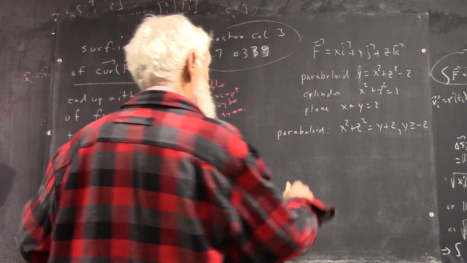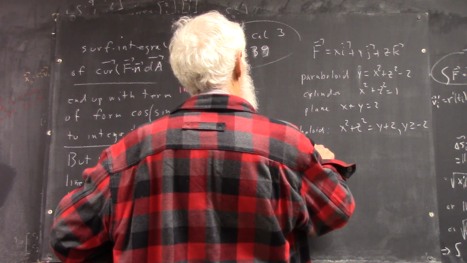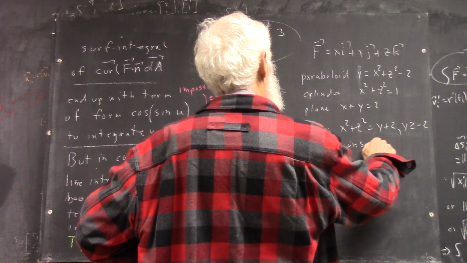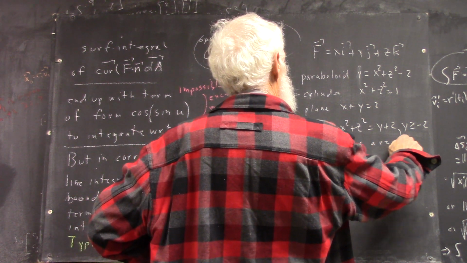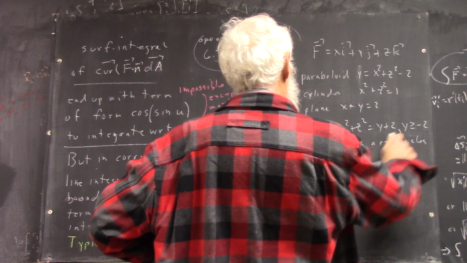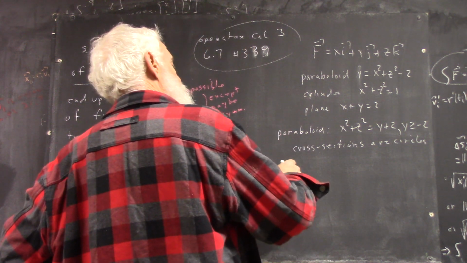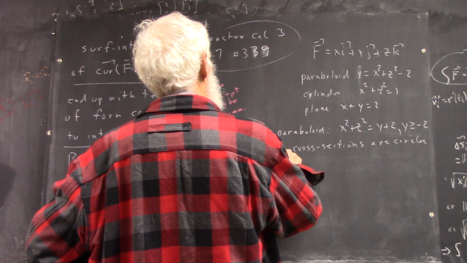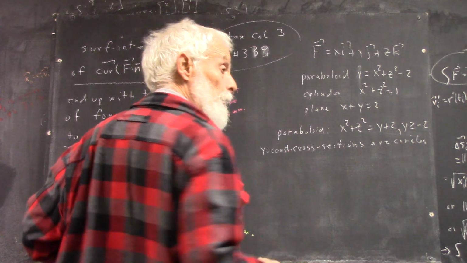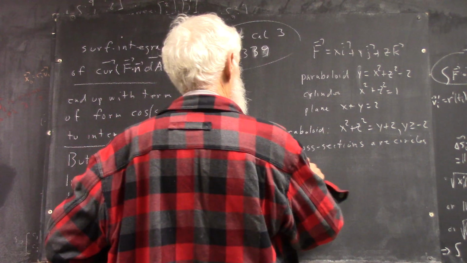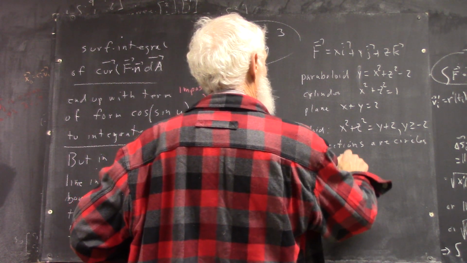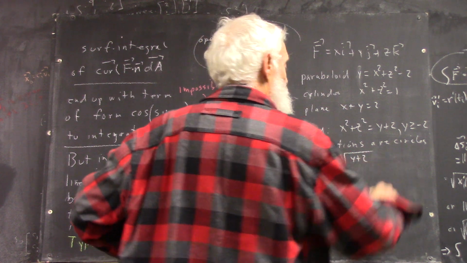Cross sections for y equals constant are circles of radius square root of y plus 2.